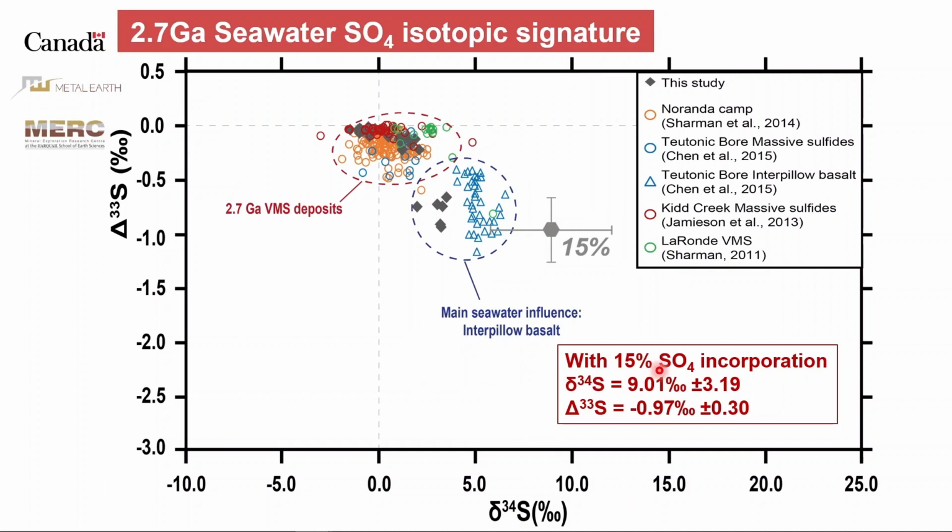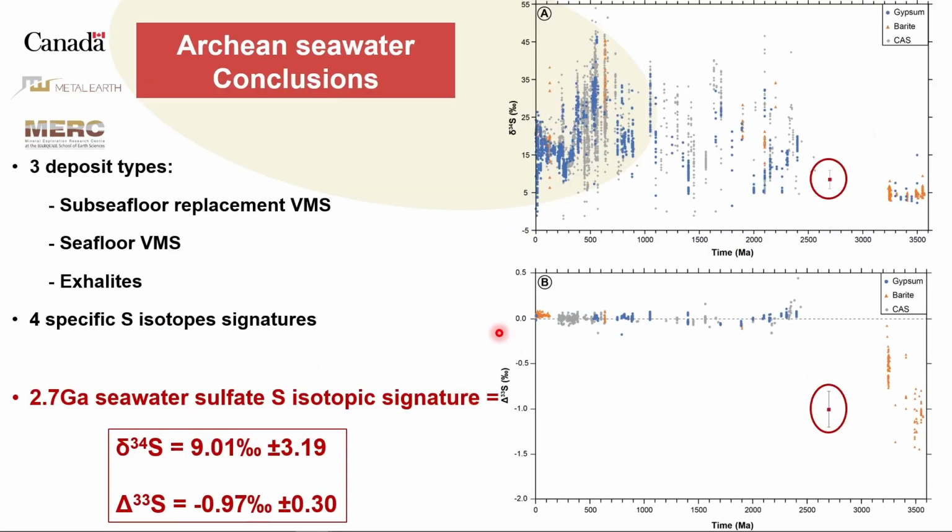This leads to an isotopic signature of the seawater sulfate in the Archean of delta 34S around 9 per mil, and cap 33S around -1 per mil. Thanks to that, we can add a real value in this diagram of delta 34S and cap 33S.